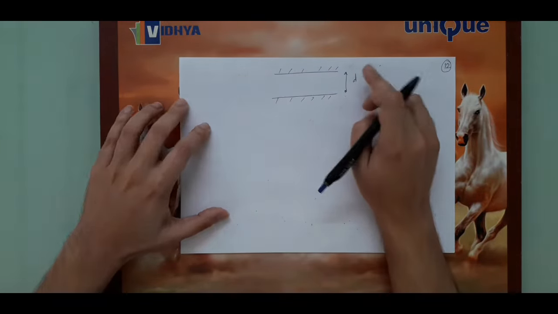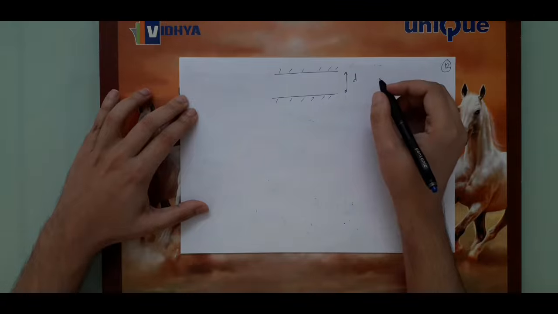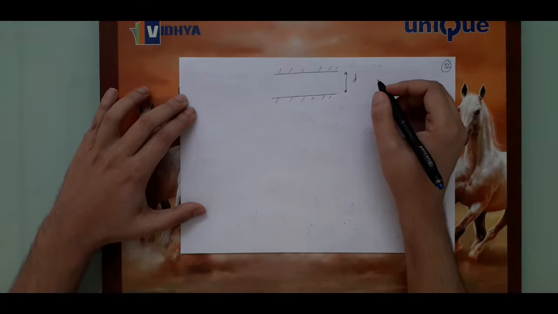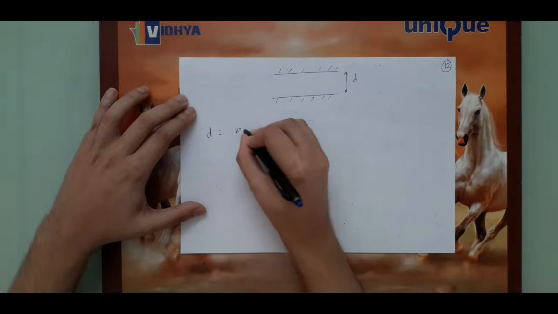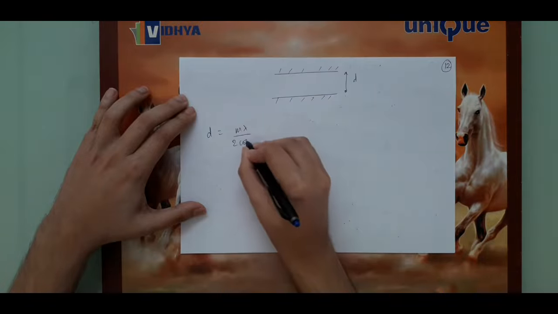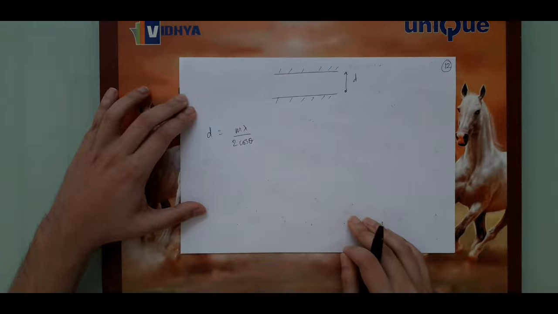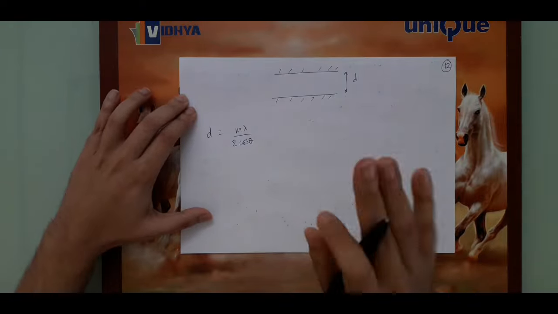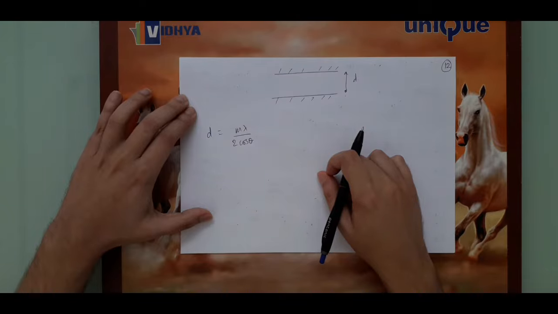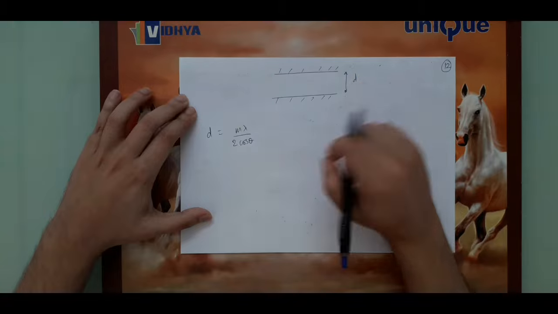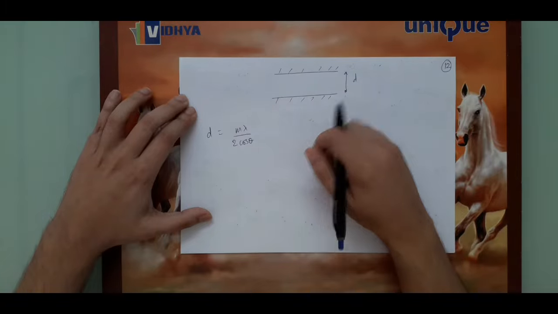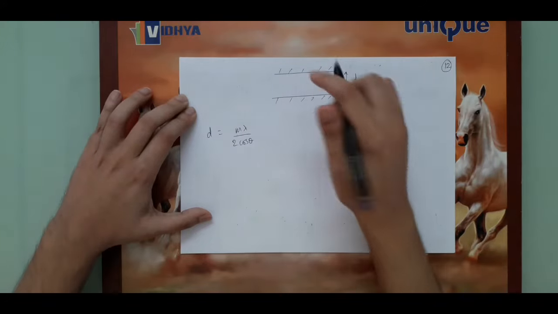So let us say this d, so d normally is m lambda by 2 cos theta, right? So from this we have to say that d should be in such a way that boundary conditions should be satisfied on both plates.